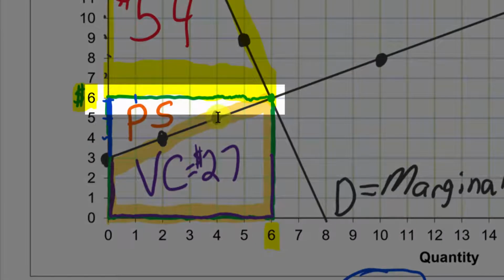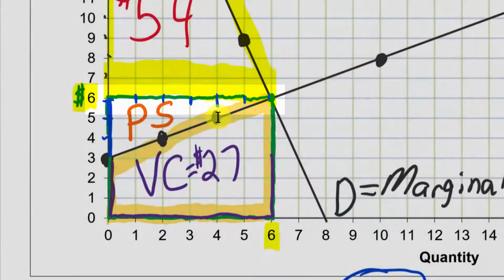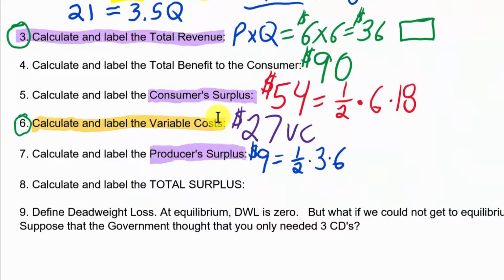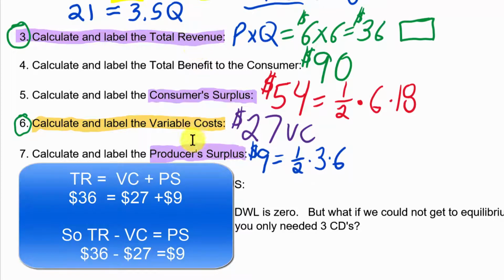And this leg of the triangle is 1, 2, 3, 4, 5, 6. 1/2 times 3 times 6 is $9. Now we could have gotten that by using our relationship that we know, that total revenue minus variable costs equals producer surplus. We can calculate it both ways. Again, we want to be able to double check these things.